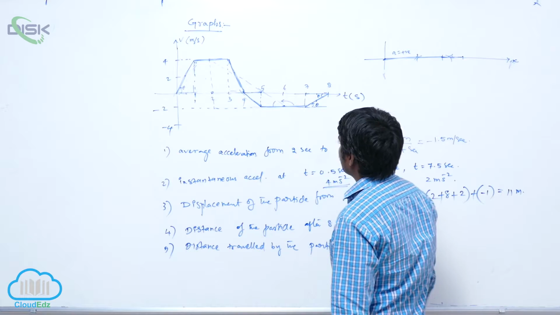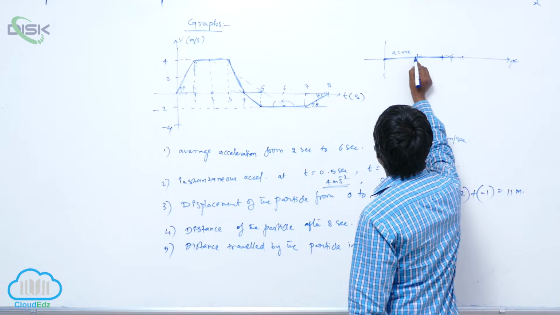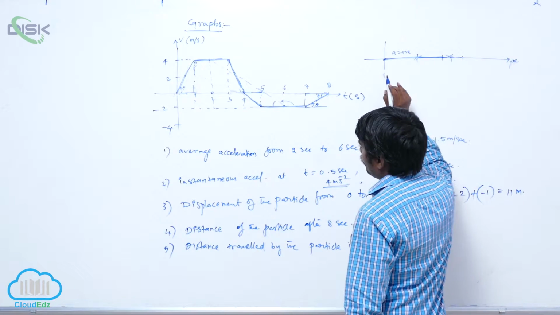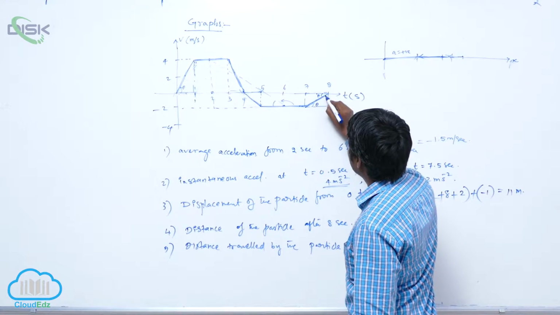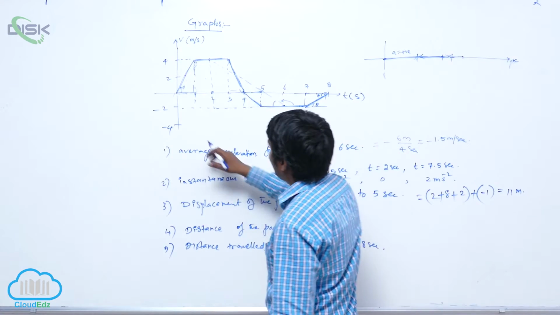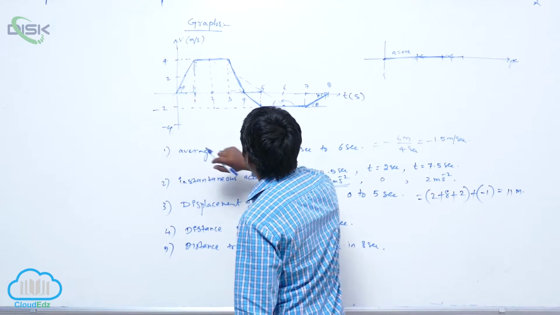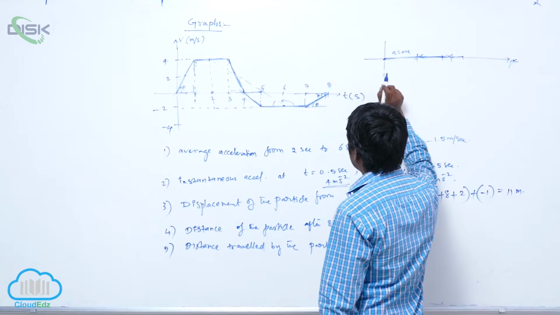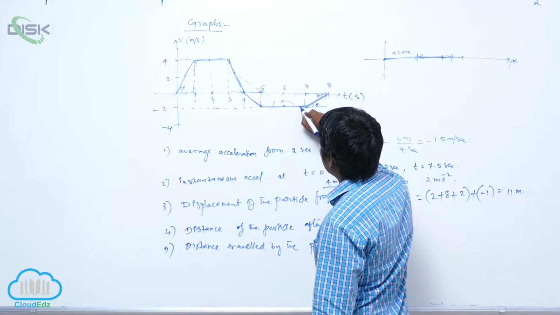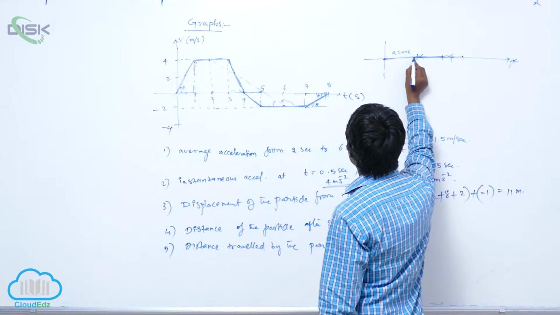Here velocity is constant, so again it moves with uniform velocity. Next, here the velocity value is negative, meaning the direction of motion is the same, along the negative x-axis side only, but its magnitude gradually decreases, so it slows down, slows down, slows down.